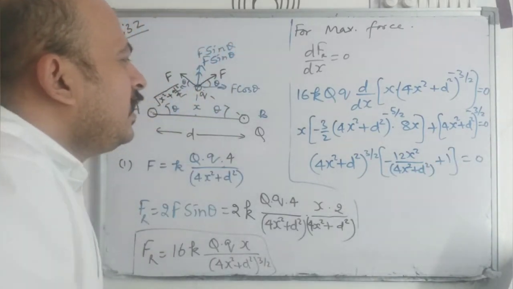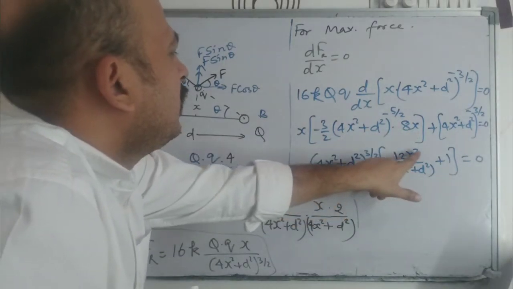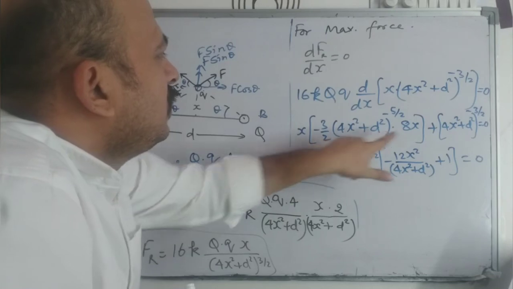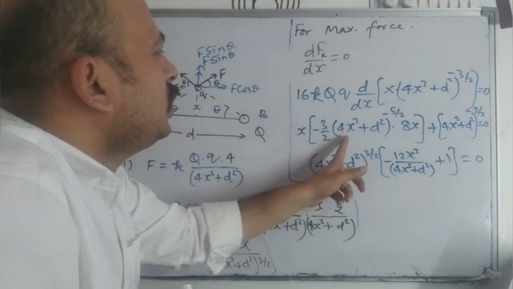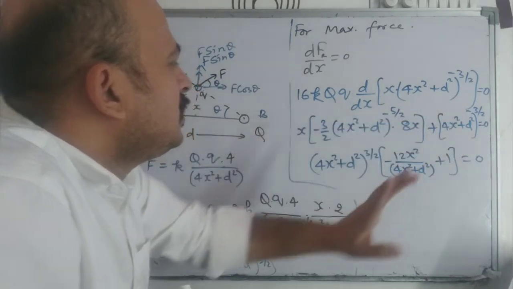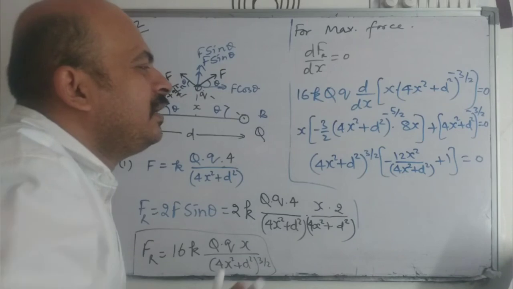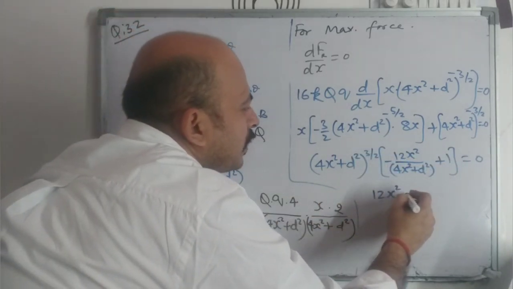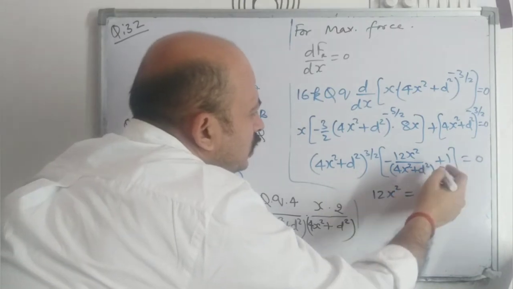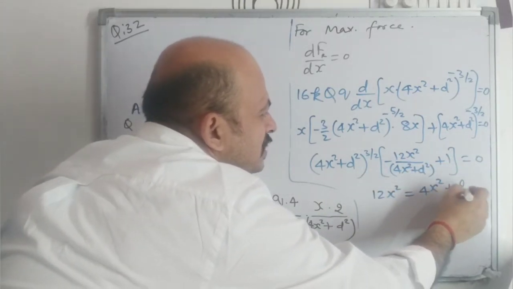Let us check again. This x into x square, 2 times 4 is 8, 4 times 3 is 12, x square into minus 3 by 2, so that will be minus 12x square, and it will go to the denominator. So 12x square is equal to 4x square plus d square.